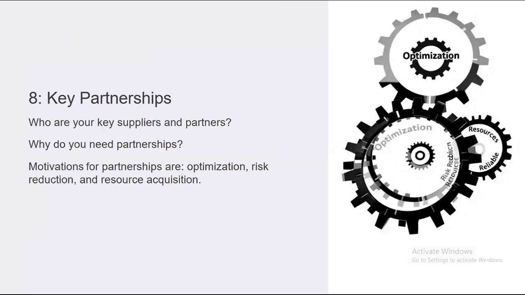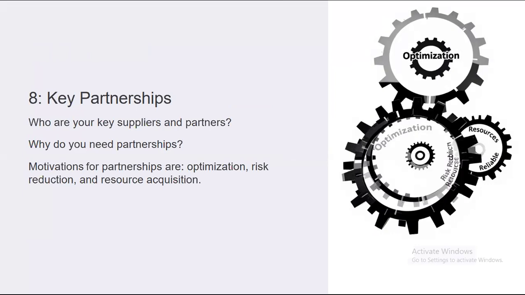Then the eighth element are your key partnerships, right? Who are your key suppliers? Who are your key partners? Why do you need key partnerships? And you would also want to look at what their motivations are, or what your motivations are.